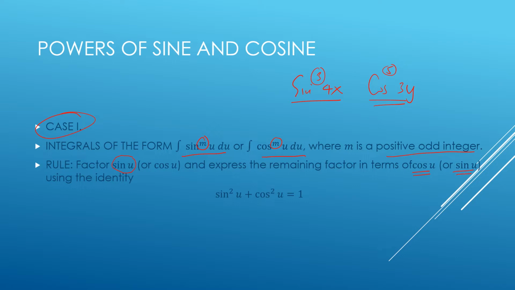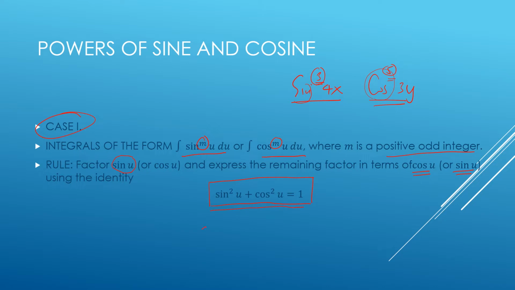For either case, we will be using the fundamental trigonometric identity sine squared u plus cosine squared u equal to 1. So again, for powers of sine and cosine where the exponent is a positive odd integer, we factor sine or cosine, and the remaining factor is expressed in terms of its complementary function using the identity sine squared u plus cosine squared u equal to 1.